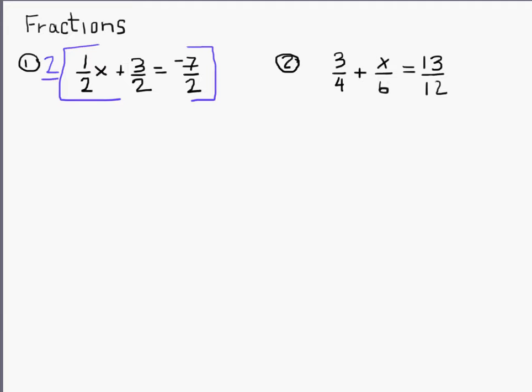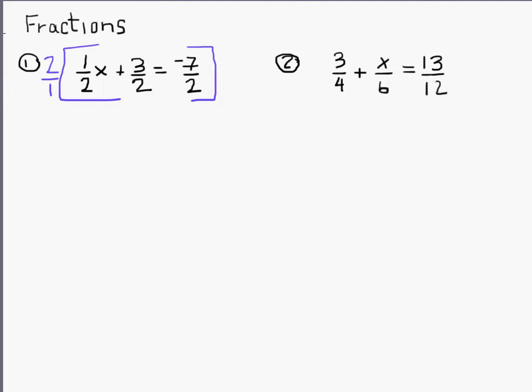Now, when I say the whole equation, I mean all the values on the right-hand side, and all the values on the left-hand side. In that way, I'm maintaining the equal sign of the original equation.